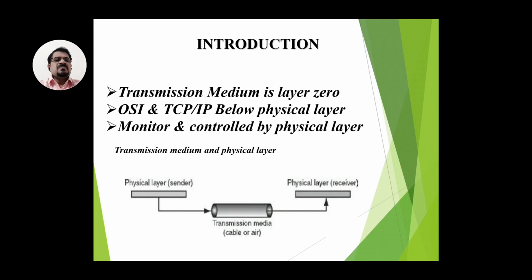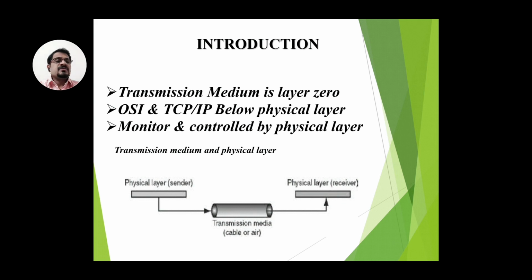What is the major functionality of the physical layer? This physical layer is going to monitor as well as control the transmission media, because many networks may use different kinds of physical layer connections and interfaces. According to that, the transmission media is also going to be used.